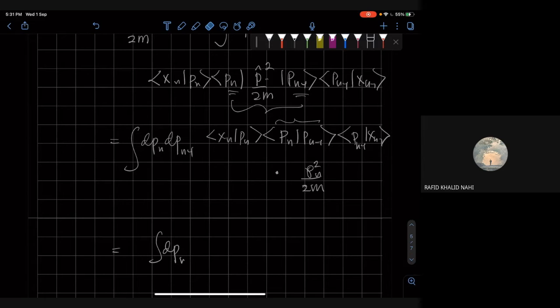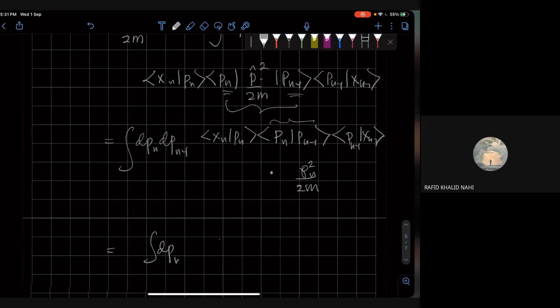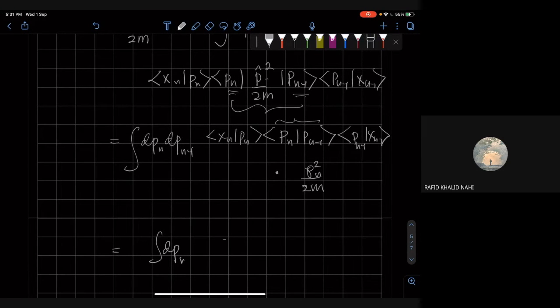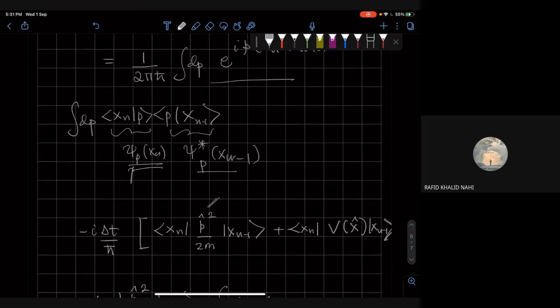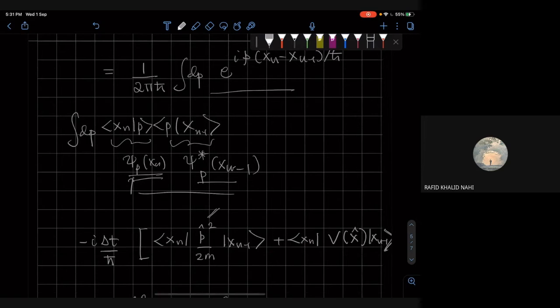If I do that, then I'll end up with x n, p n, this will be p n, and this will be x n. So just like before, we are going to get these two factors.